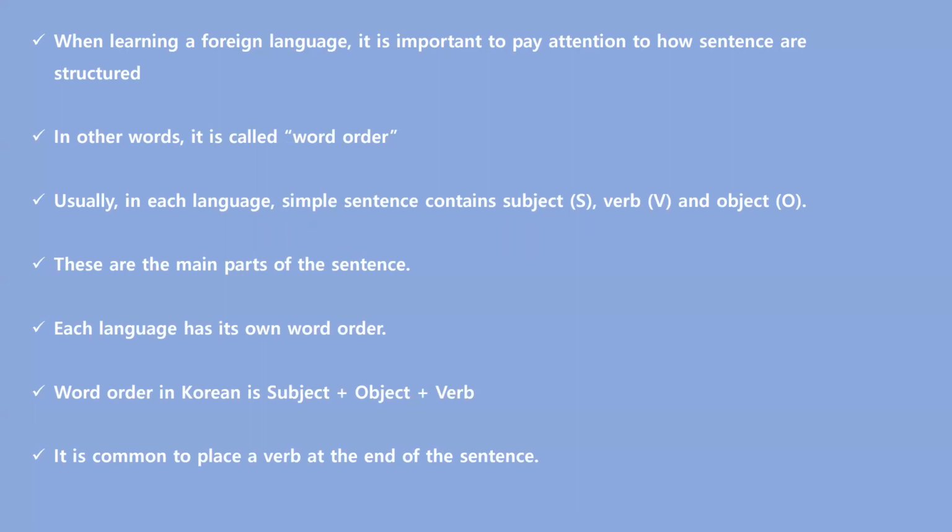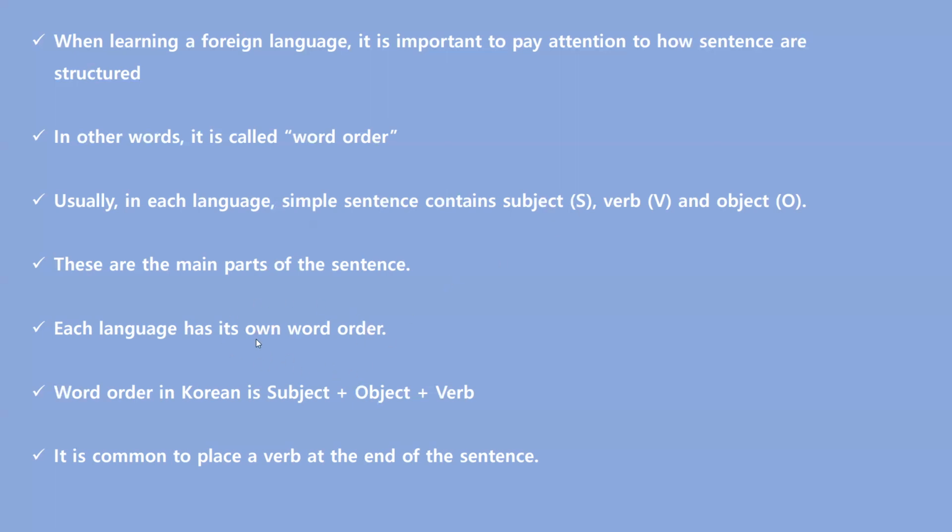So these are the main parts of the sentence. Most sentences should have a subject, verb, or object. If you don't have some of them, it is okay to understand, but if you don't have any, then the other person cannot understand what you want to say, or your thoughts will not be complete. So that's why it's important to know them.